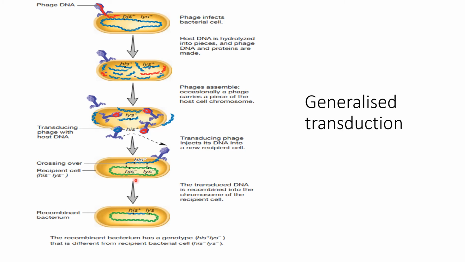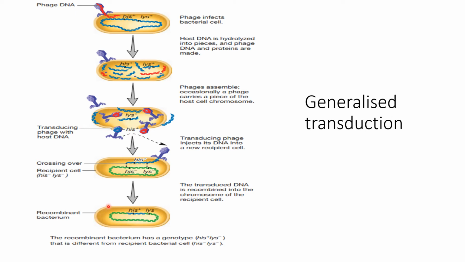But the only difference here is, just for our understanding, they have shown it as his minus gene, whereas here it is his plus gene. So they will undergo recombination so that in the place of his minus gene, the his plus gene will come and integrate.